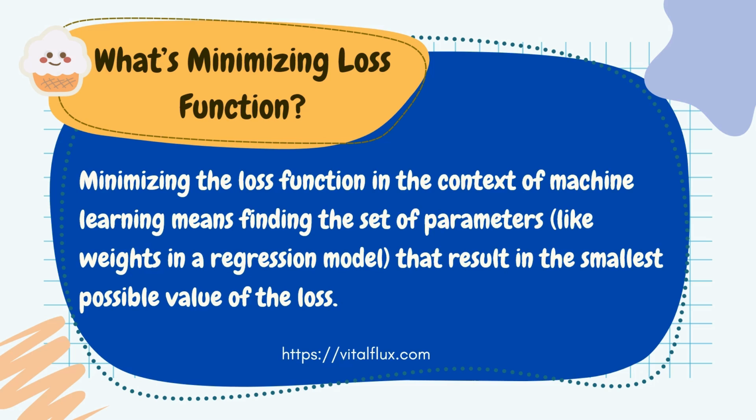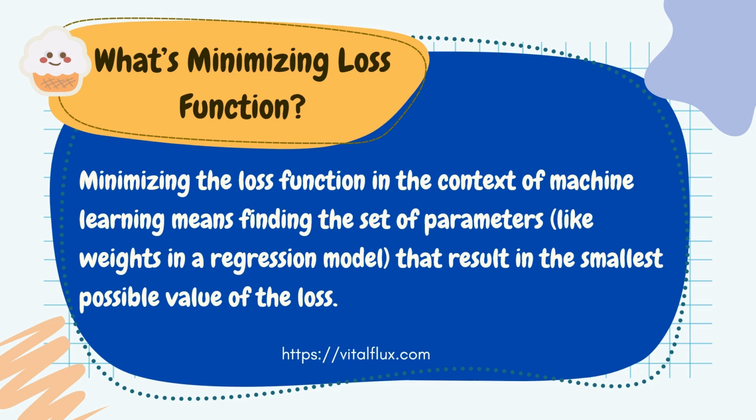So what is minimizing the loss function? What is the meaning of that? Minimizing the loss function is essentially identifying a function by adjusting the parameters for each input data set such that the difference between the predicted value and the actual value is as small as possible.